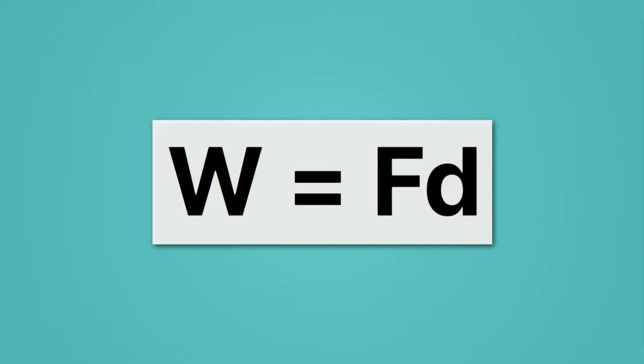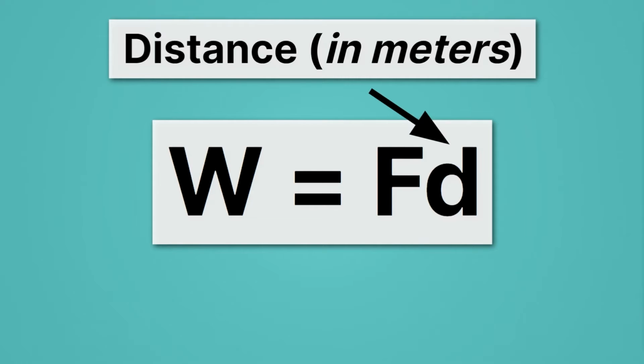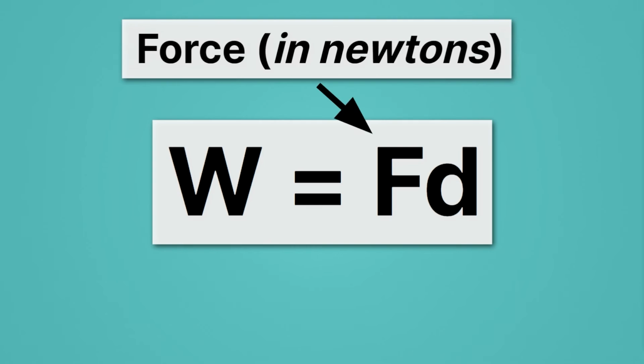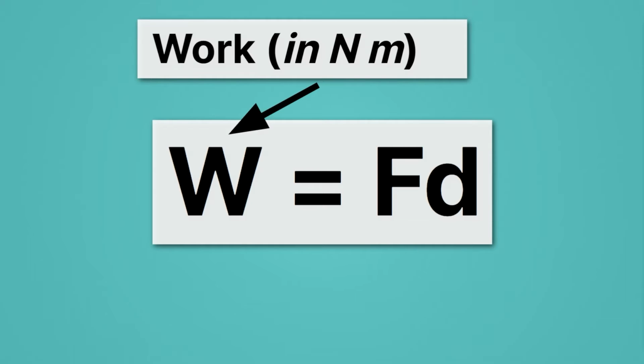Mathematically, work is equal to force times distance. That D stands for distance, and we'll use the units of meters. Whereas F stands for force, and we'll use our standard unit for force here, newtons. Okay, well, if I multiply force in newtons times distance in meters, I'll get my units for work, which is in Newton meters.